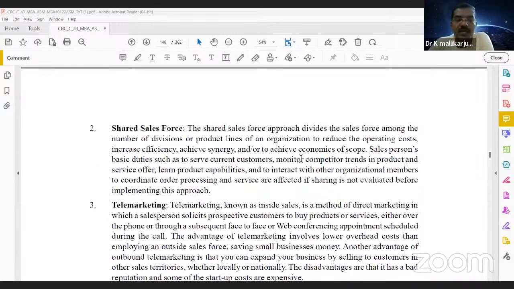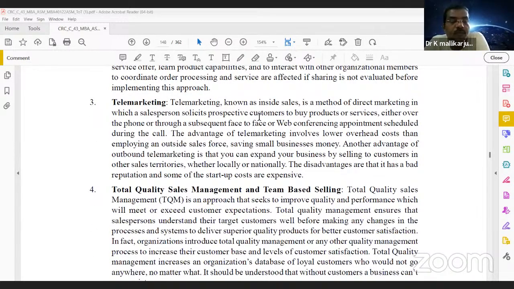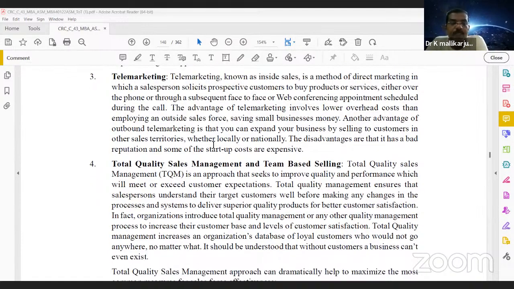Telemarketing is also very popular. Then there is total quality management and team building in the selling process. Total quality service management is an approach that seeks to improve quality and performance to meet and exceed customer expectations.